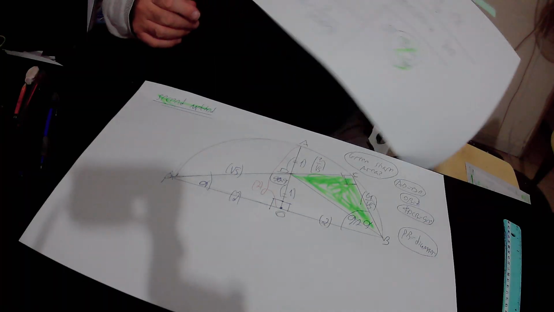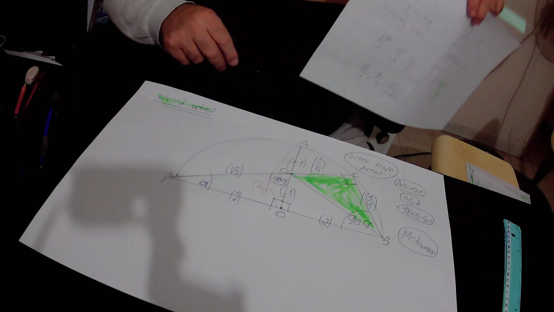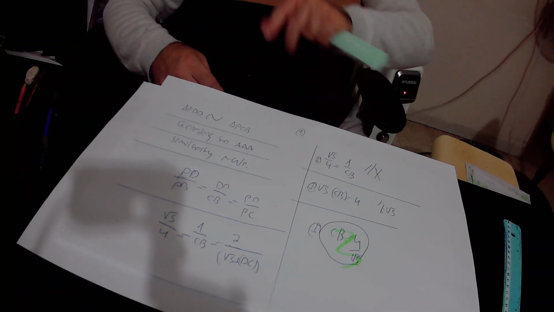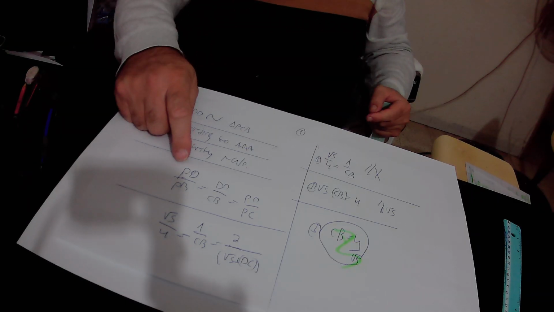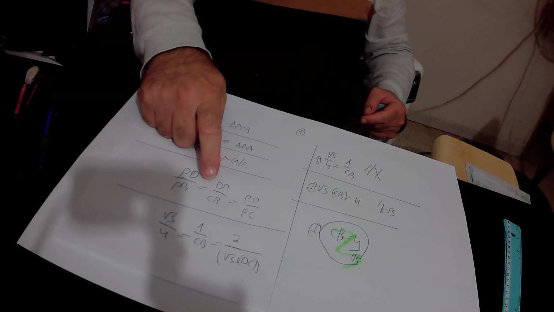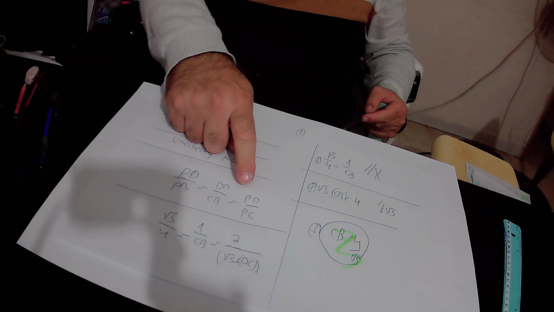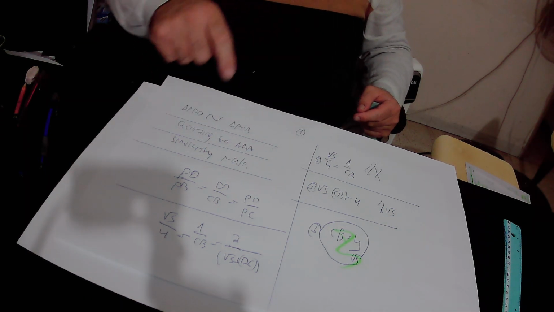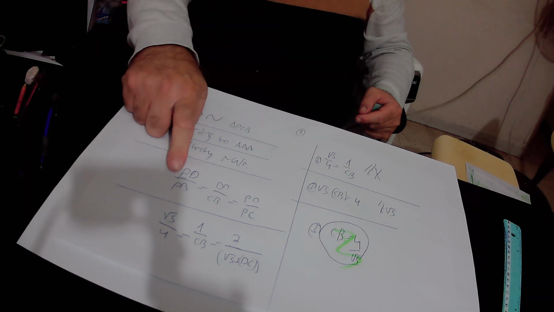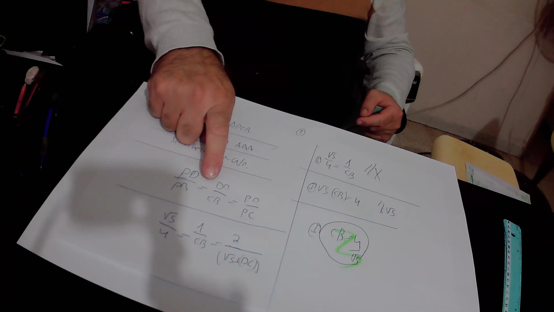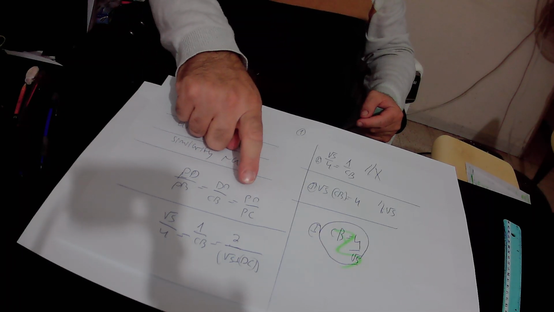That is, PD over PB equals DO over CB equals PO over PC.